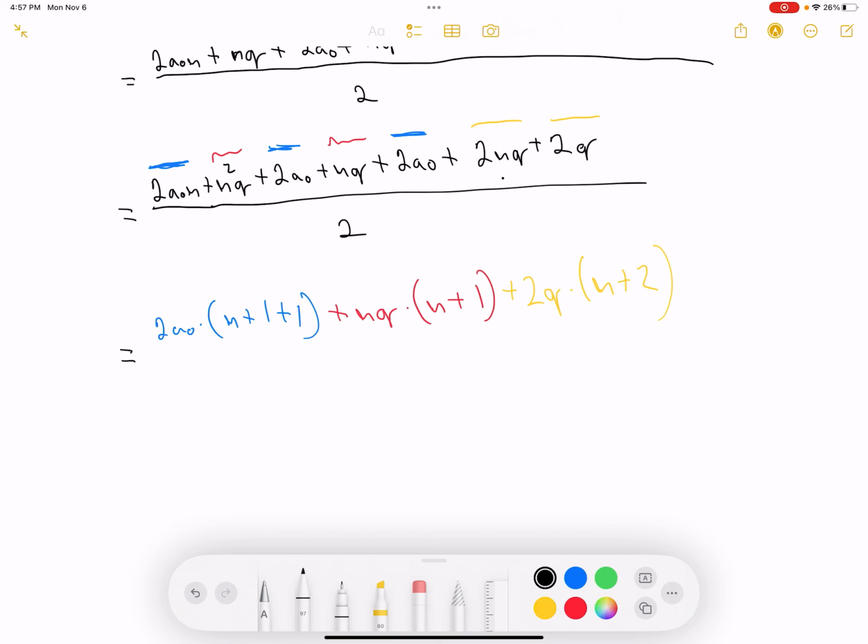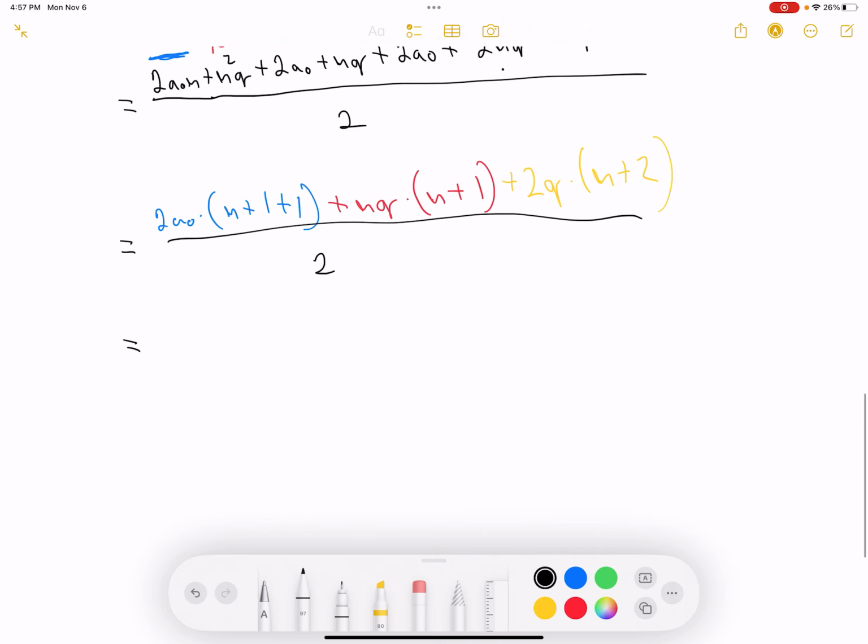All right, so we can go and keep things moving. So what we can do now is we can go further. I still see these terms here. Let's use another color. These two that we could probably improve. So let's get to it. 2a0 times n plus 2. We just merge this together.